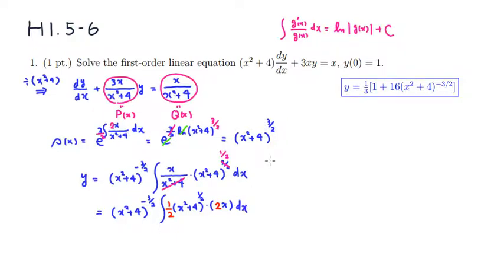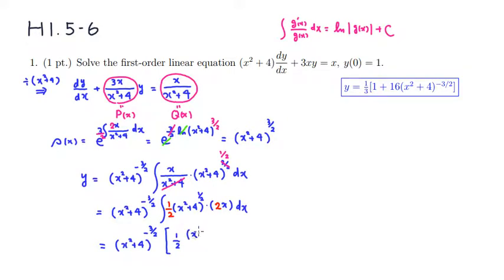Then we can find the antiderivative here. This is going to be equal to x squared plus 4 to the negative 3/2 power, then I'm going to put the 1/2 right here. The antiderivative of this is just the general power rule.